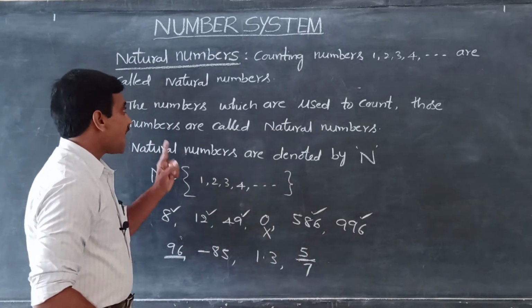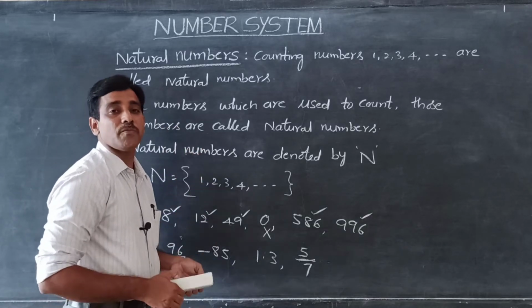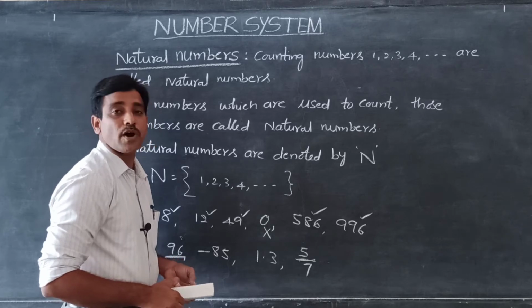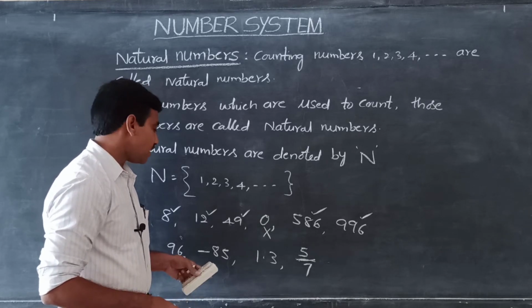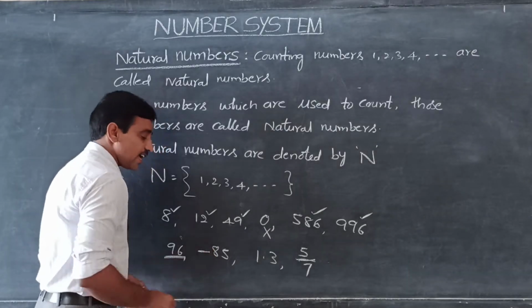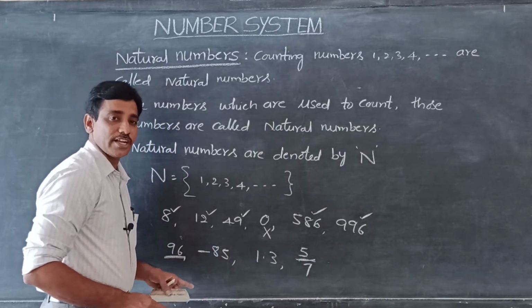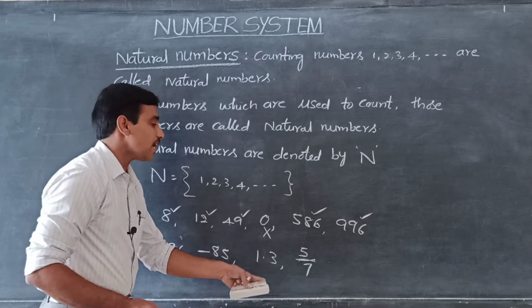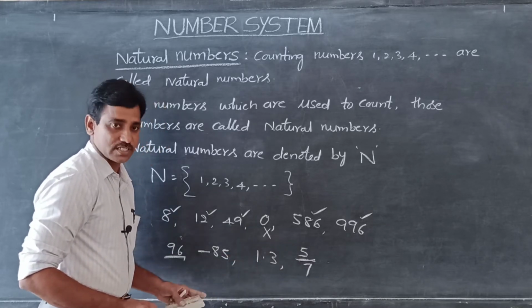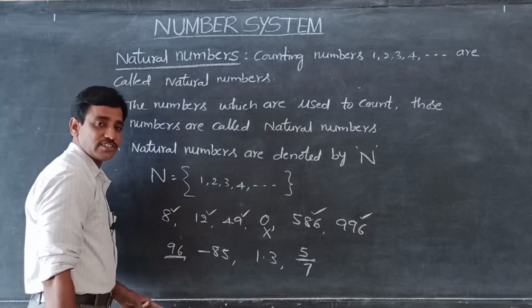That means natural numbers are starting from positive numbers. Okay, so natural numbers are positive numbers. They are not negative numbers. So minus 85 is not a natural number. The remaining decimal numbers and p by q form numbers are also not natural numbers. Only 96 is a natural number.